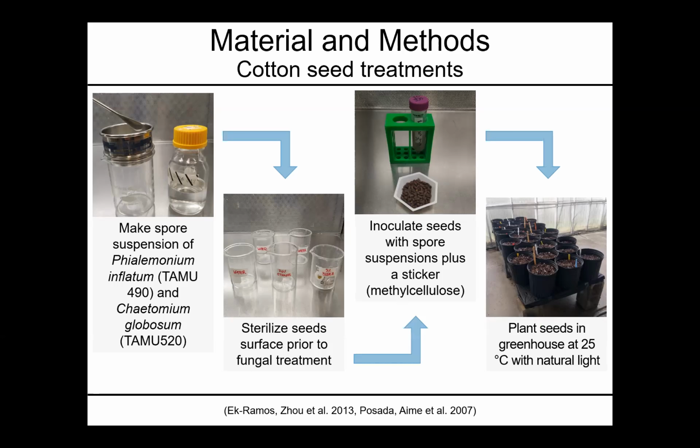Before applying my spore suspension, I need to sterilize the seed's surface. And after that, I will inoculate the seeds with the suspensions and a sticker solution that is methyl cellulose. The seeds will dry and I will plant them in the greenhouse. For the aphids, I infested plants with cotton aphids 2 weeks prior to my behavior trials.